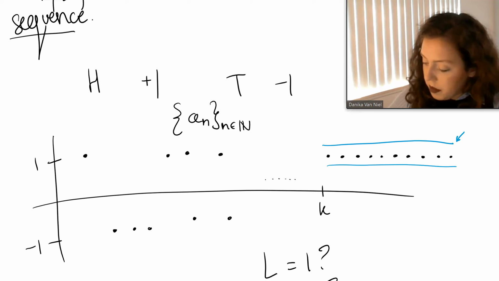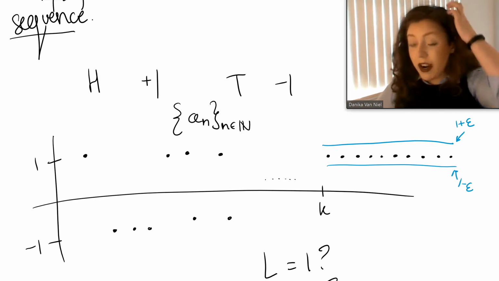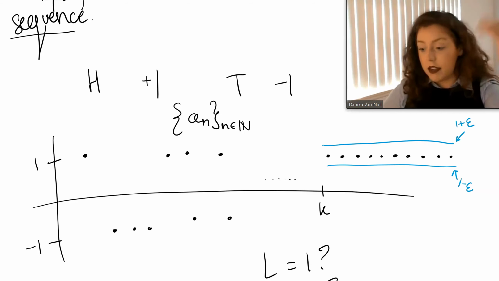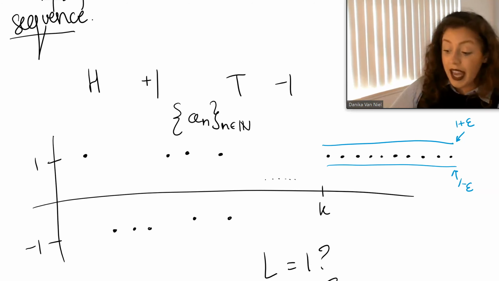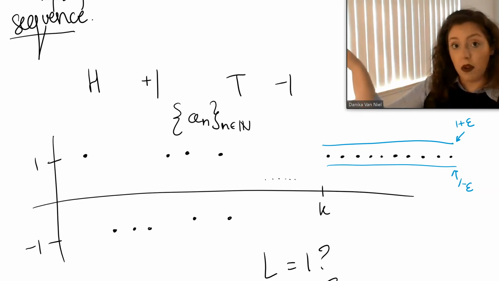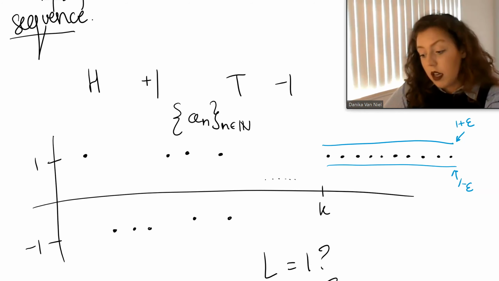So here would be 1 plus epsilon, here would be 1 minus epsilon. Or L plus epsilon, L minus epsilon, at least in our case. So epsilon gives us some buffer, and we don't really need a whole lot of buffer if they're all just going to actually be equal to 1 forever and always. But that's the bummer. We don't know that it's going to be 1 forever and always.